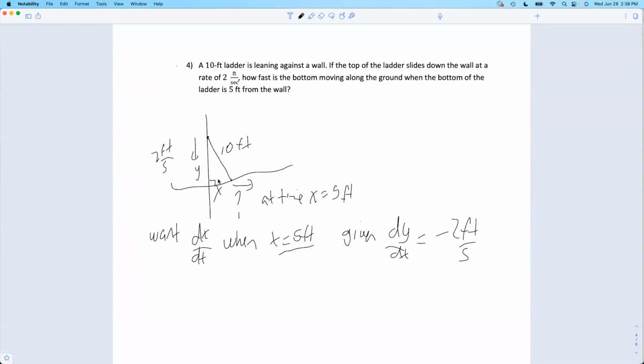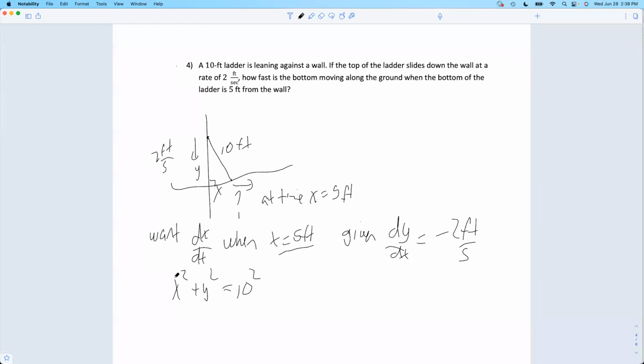My goal on every related rates problem is to find a formula that relates your variables. Draw a picture, introduce some variables, you might have a bunch, and then find any equation that relates them. Usually there's only one. How do these relate? By Pythagorean: X squared plus Y squared equals 10 squared.